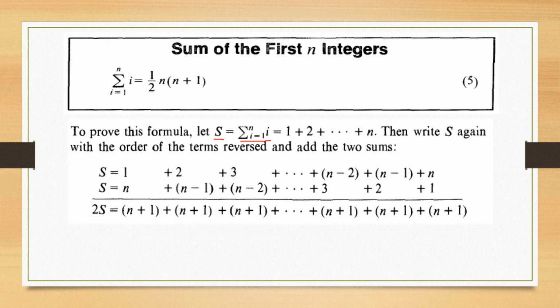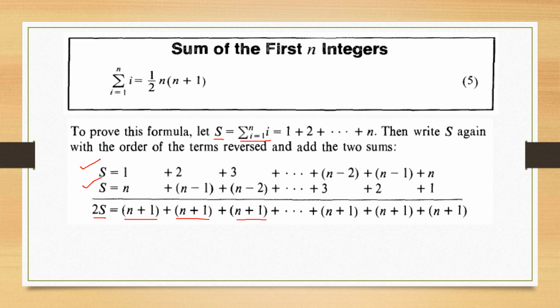First we write S as 1 plus 2 plus 3, and secondly again we write S in the reverse order. Adding, we see that 2S is the sum of n plus 1, n plus 1, n plus 1 and so on.